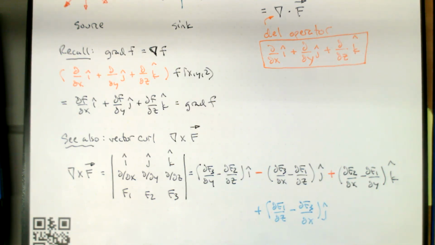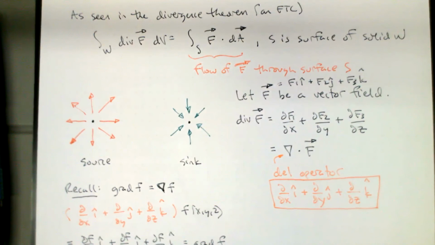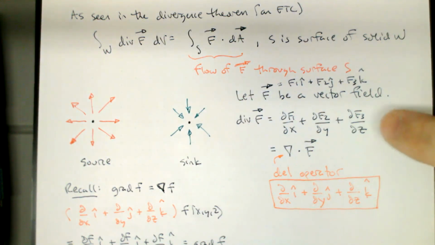The big idea that we want to get across here with this divergence of a vector field: think about source points and sink points. The divergence, we're going to have to think about this. What is this quantity telling us about the amount of boom or the amount of move at a point?